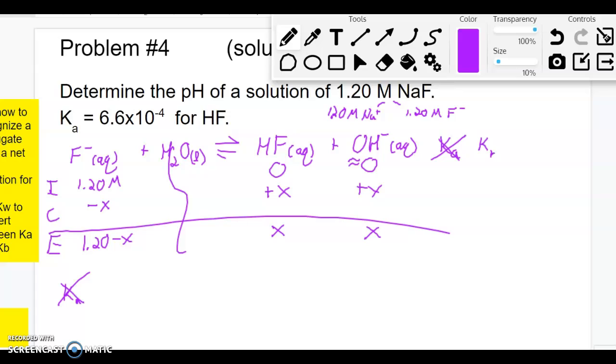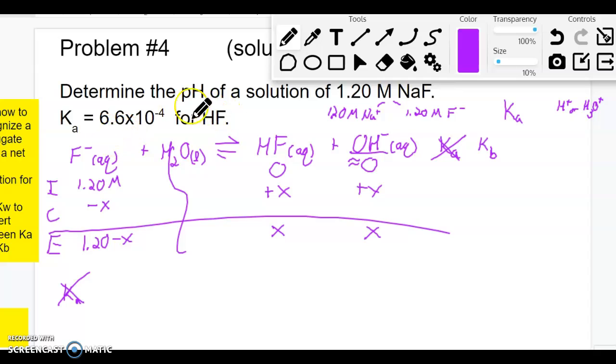This is a Kb equation because it has OH minus in it. The only time that we can use Ka to represent a net ionic equation is if there is H plus or H3O plus on the product side of our reaction. We can't use it here. And we have OH minus, this is Kb. So it's like, what do you do? Why can't I use this? They gave it to me.